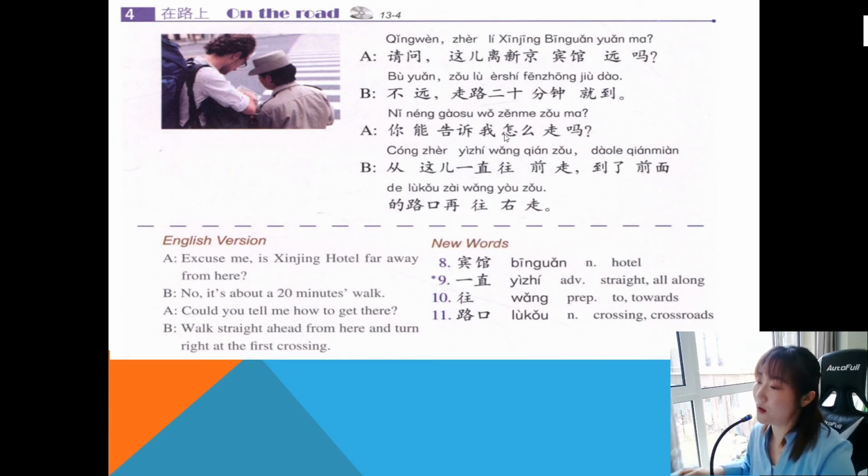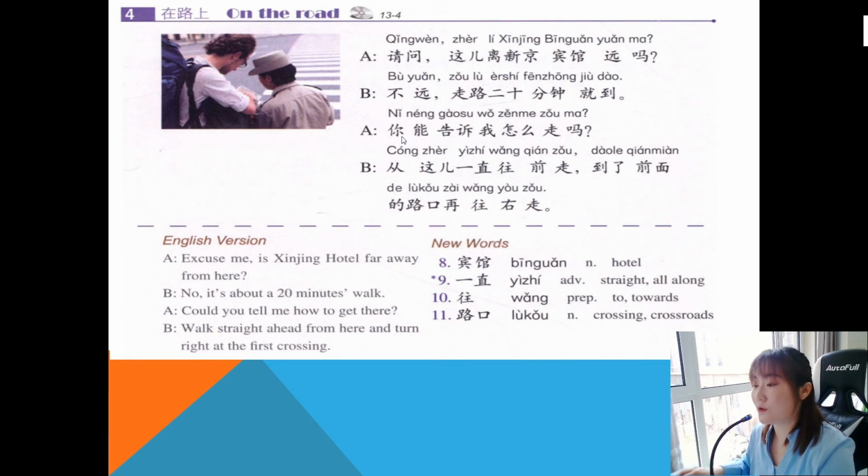你能告诉我怎么走吗？从这儿一直往前走。Walk straight ahead from here and turn right at the first crossing. 到了前面的路口，再往右走。So here 往 means towards, the new word, a preposition. 一直 straight all along. 宾馆 means hotel. 路口 crossing.